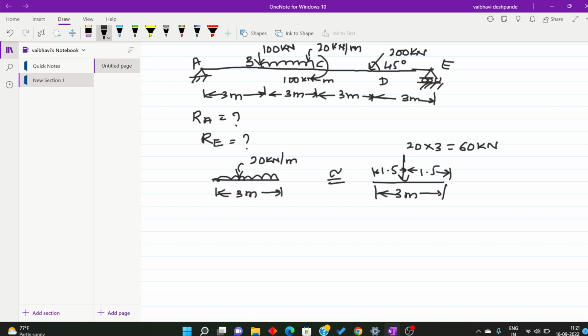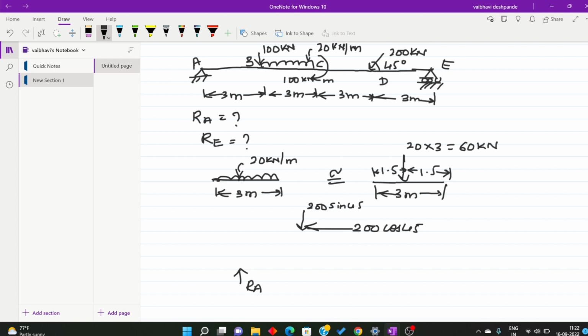Then we can resolve this 200 kilonewton inclined force. The vertical component will be 200 sine 45, and the horizontal is 200 cos 45. Now let us write the simplified sketch.